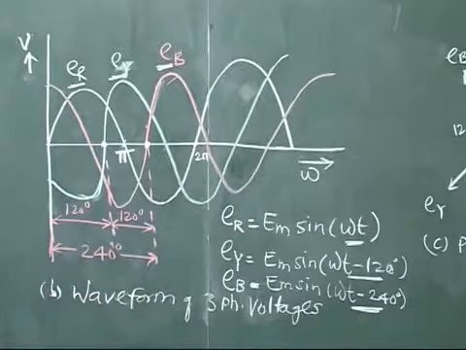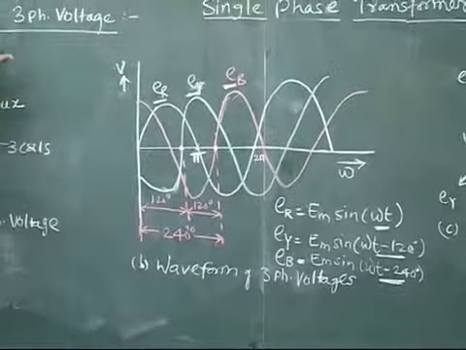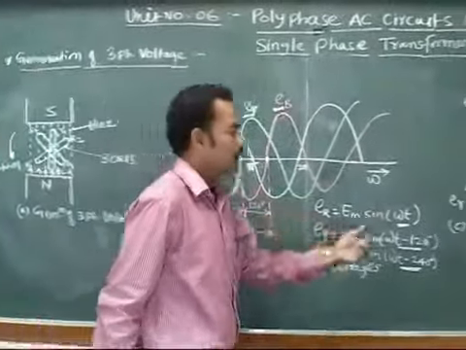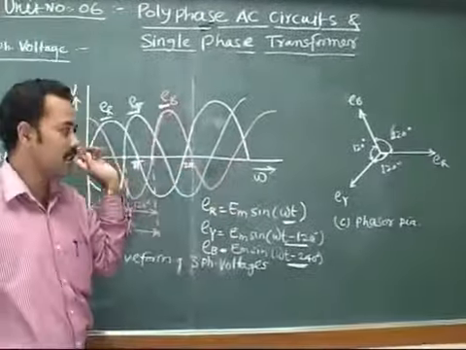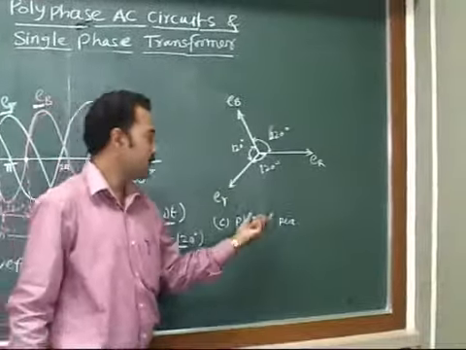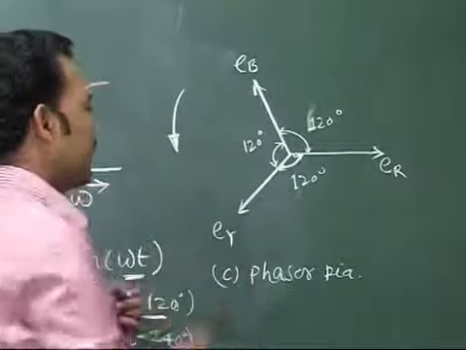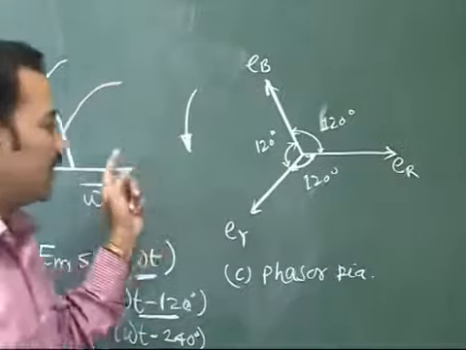So here we can see how the voltage is generated in the three-phase systems. Again, these voltages can be represented by the phasor diagram. This phasor diagram is rotated in the anti-clockwise direction, and you will find that there are phase shifts.